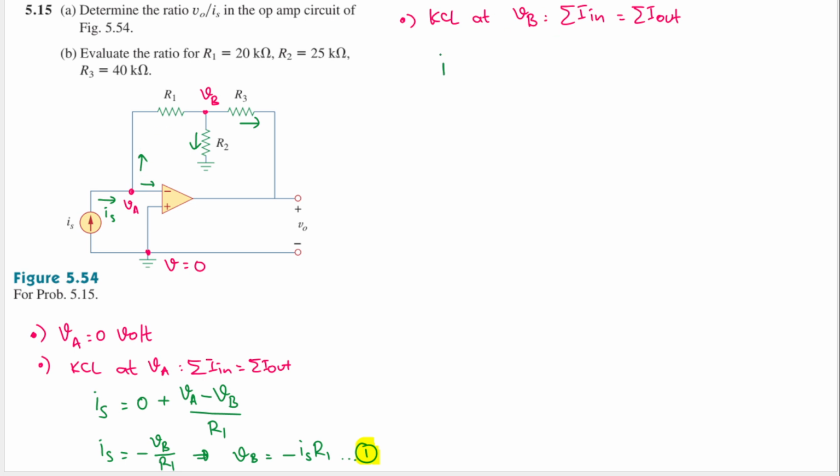So I will have IS on the left hand side, and then on the right hand side, the current that goes out: VB minus 0, because this is a ground, divided by R2, plus VB minus V0 divided by R3.